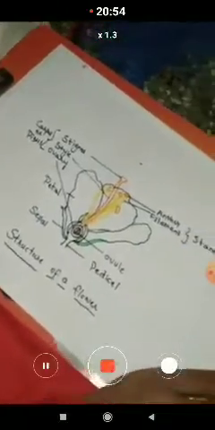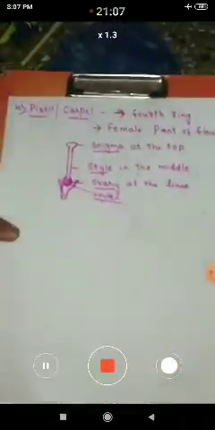Now you have learnt the structure of the flower. Now we'll move on to the next part: the pollination process. How does pollination take place? What is pollination?